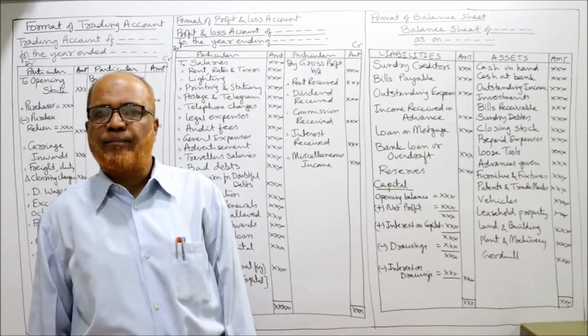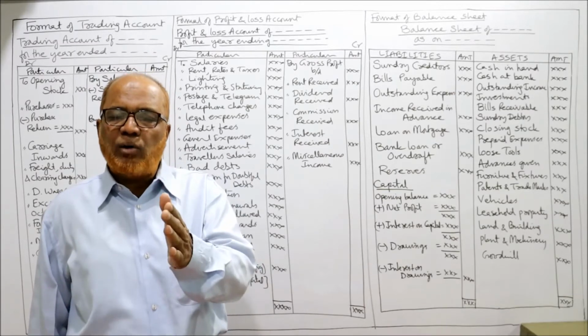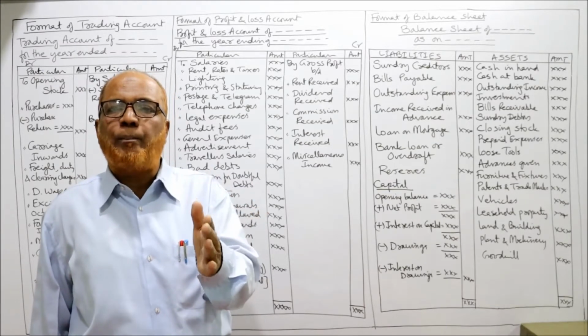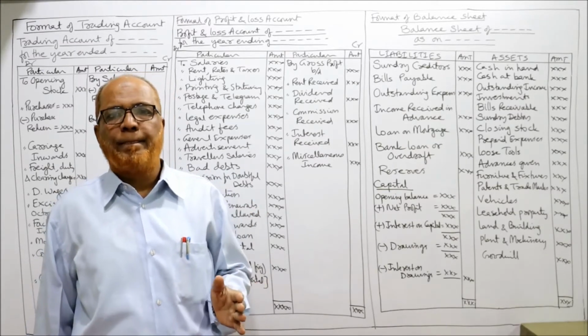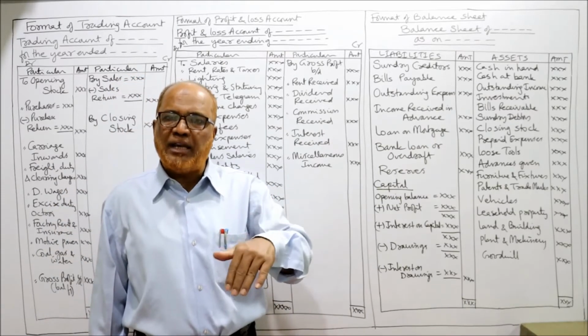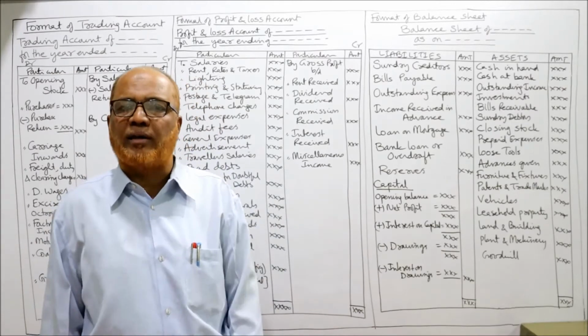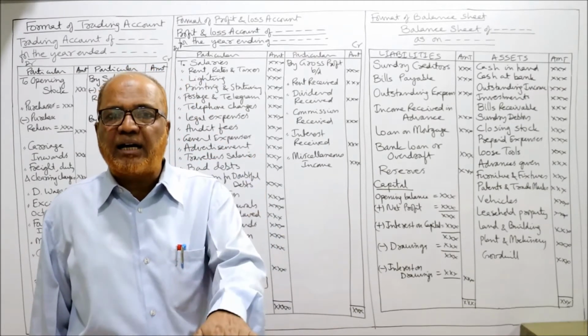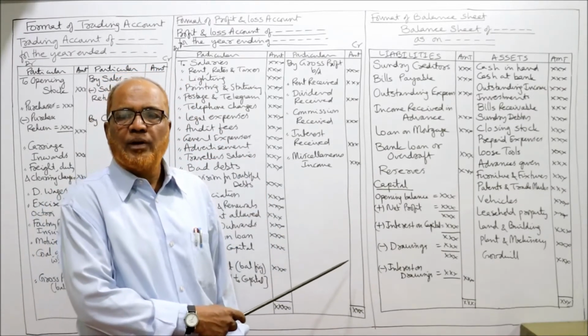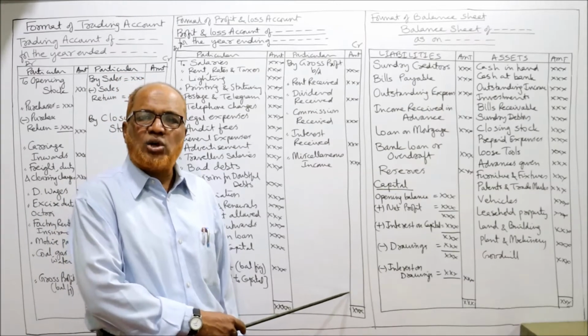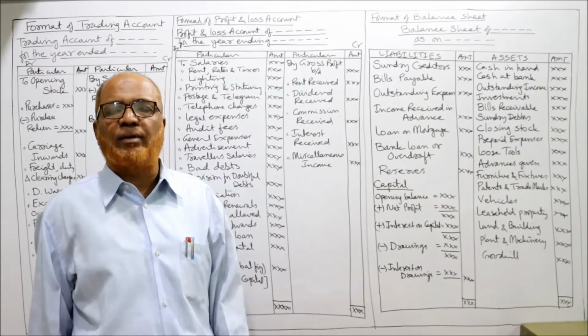Similarly, drawings. Drawings means when the owner withdraws money or goods from the business for personal use. Drawings will be deducted from capital. Interest on drawings will also be deducted from the capital.